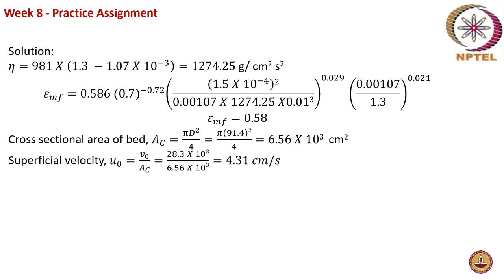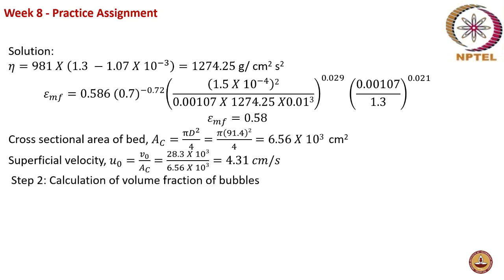For the superficial velocity, you have the volumetric flow rate, 28.3 into 10 power 3 centimeter cube per second, divided by A_C, the area of cross section. That gives the superficial velocity, which is 4.31 centimeter per second. These are some of the basic data.